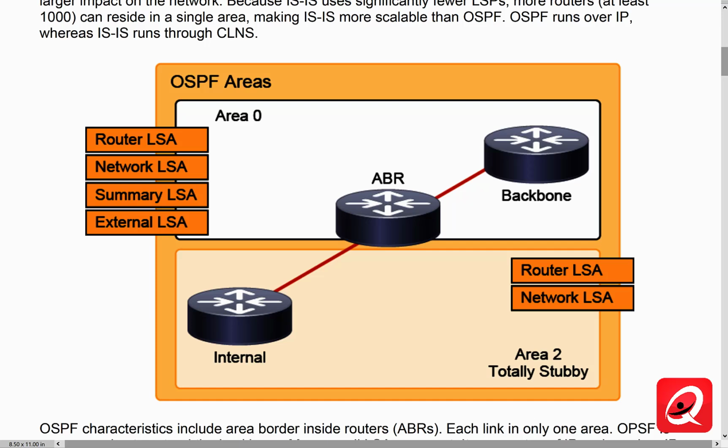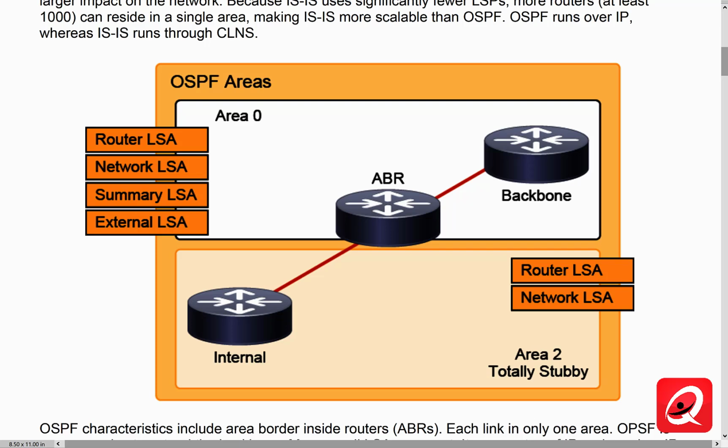We don't really have the idea of an area border router in ISIS. We can see in this case we have different LSA types. I briefly talked about those LSA types in one of our previous sections when we were talking about OSPF. Router LSAs, those are my type 1 LSAs.